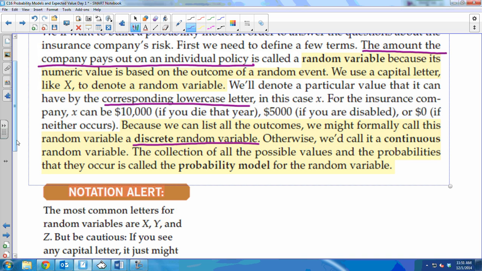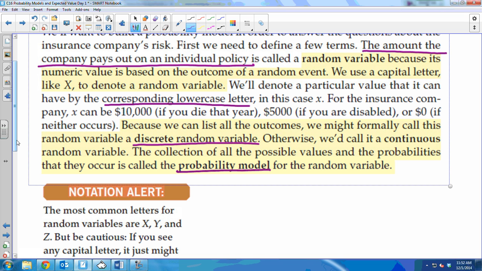The collection of all the possible values and the probabilities that they occur is called the probability model for the random variable. We have lots of models in statistics. So for example, think back to chapter 7, 8, 9, 10. We were doing scatter plots and linear equations to predict things, right? Y-hat equations, remember those? Well, we had to make a model there, but in that case, a linear model was just an equation.